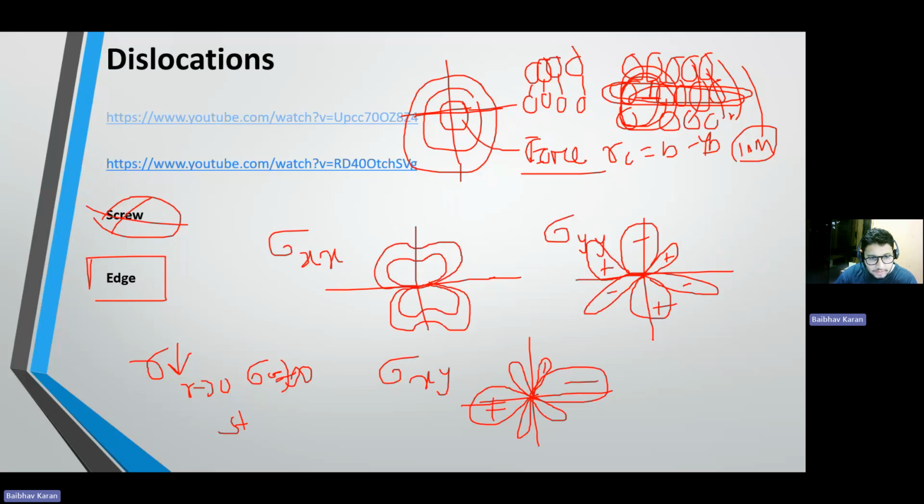The opposite ones will be positive, and this will be negative. These are the contours you get for the stress field around edge dislocations. And there is one question regarding this in the assignment: what is the contour for sigma xy? I think you can get the idea of what is happening around sigma xy.